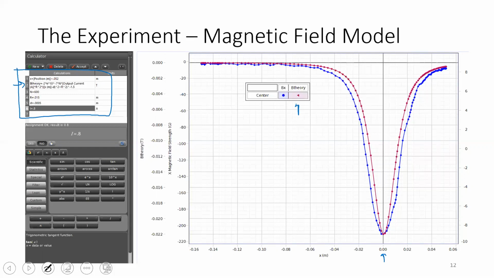So our theory right here is these red triangles. You can see it's a little narrower than my actual data. So I want to adjust some of these things in the calculator to try to make that match a little better. And I definitely want to zoom in here and match it towards the center per the directions on the lab.